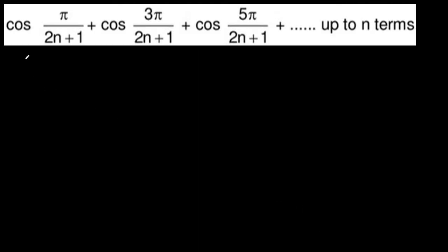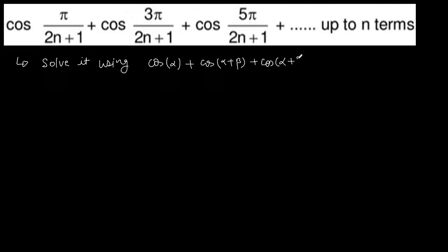This question I think you can solve, using cos alpha plus cos alpha plus 2 beta plus dot dot, which will go as sine n beta by 2.